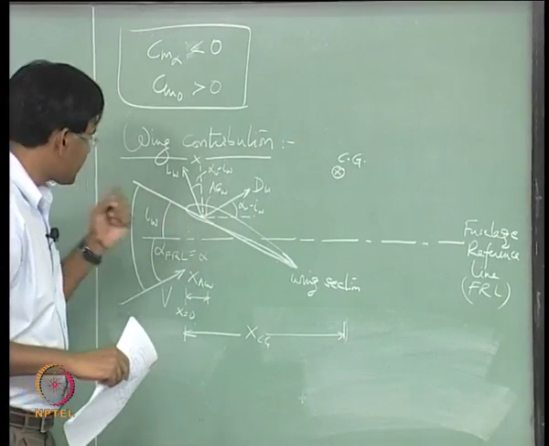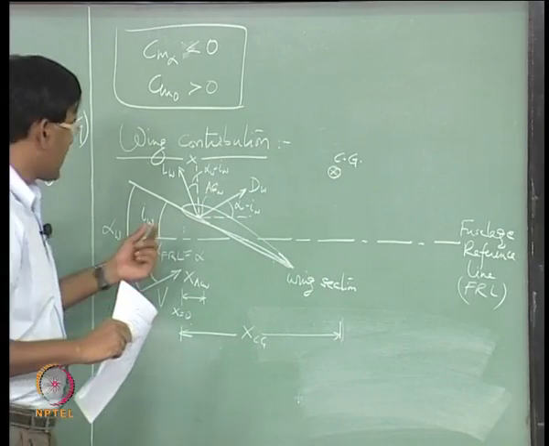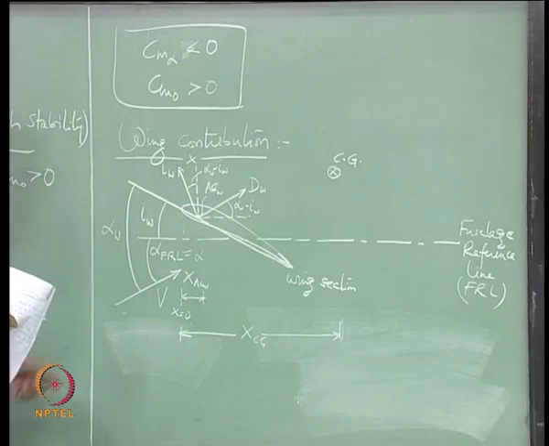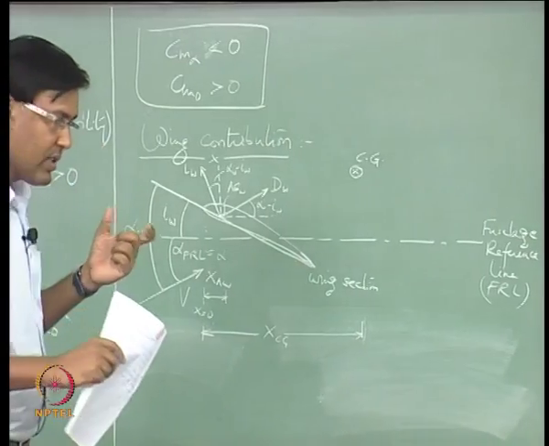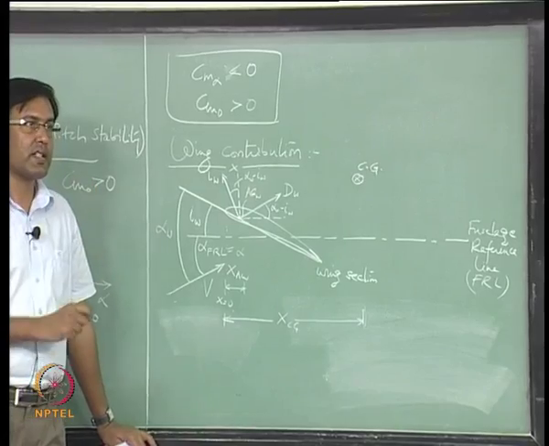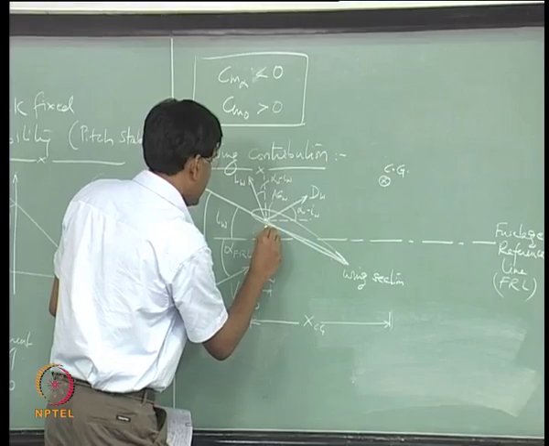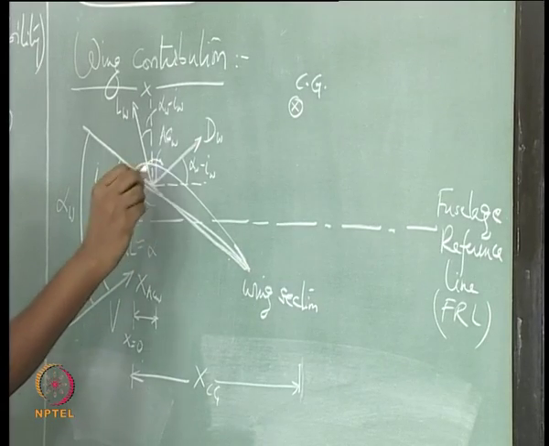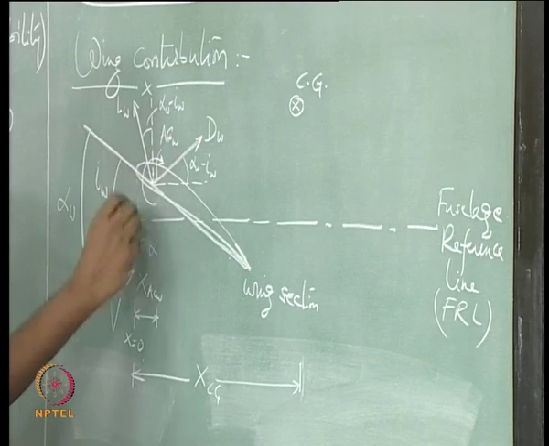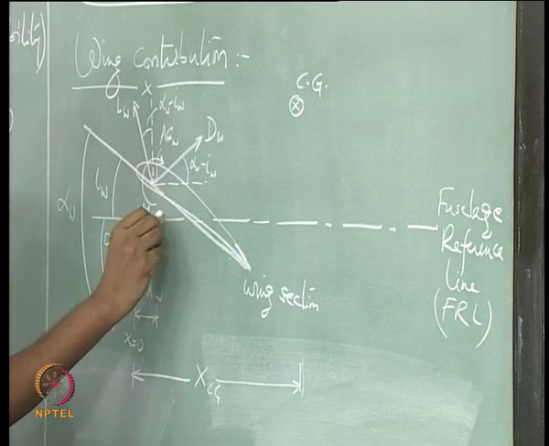For a symmetric airfoil, the aerodynamic center is at the quarter chord, but for any cambered airfoil section, the distance between the aerodynamic center and the center of pressure is a non-zero value, because of which there is a moment created about the aerodynamic center, and that is MAC W.